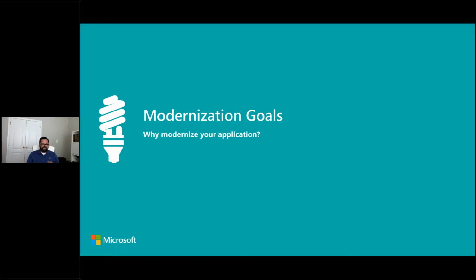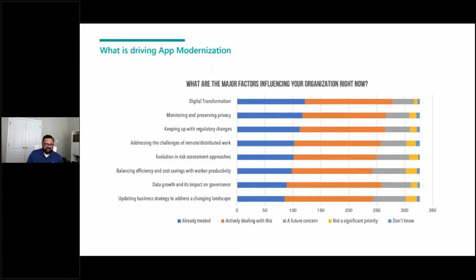All right, so let's talk about some of the modernization goals. Some of these are specifically business goals. Digital transformation is a big thing these days, and you could talk about regulatory requirements as one of these business goals, or growth and impact on business. These in turn drive some of the technical drivers, and we could talk about motivations around these movements.